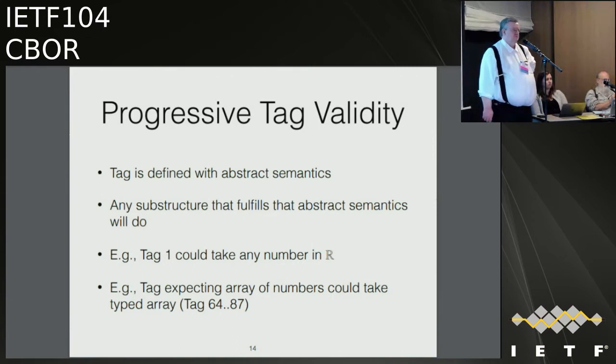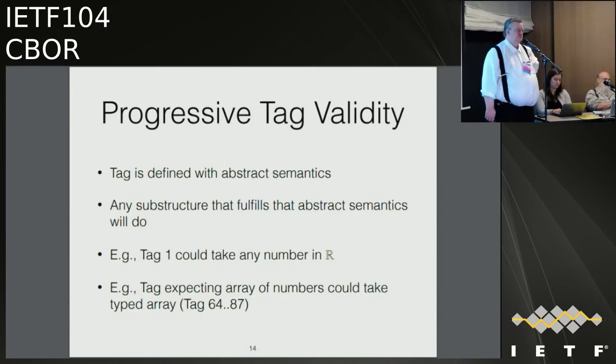Brendan Moran. I think that progressive tag validity is begging for vast quantities of compatibility failures, especially in the area of IoT devices where they will not necessarily be updated to handle new tags, or new interpretations of a tag.